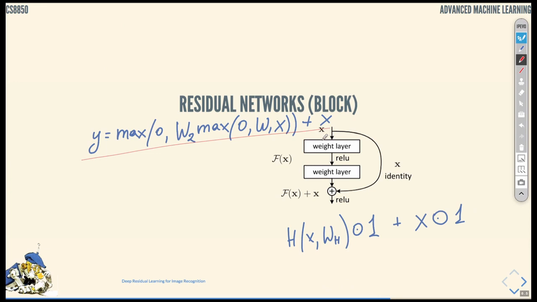The rhetoric was: look, our H, the transformation of this whole thing, including the final value, is h.